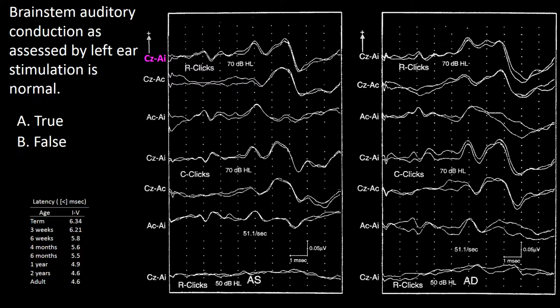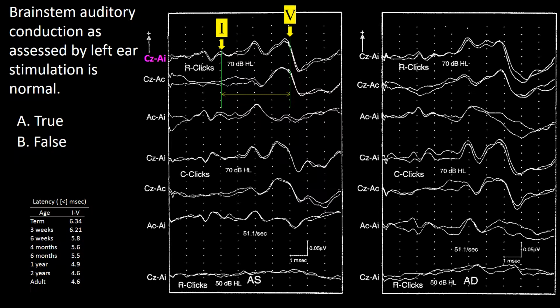In this frame, I have reintroduced the original question that probably by now you have forgotten. And also, I have included the normal values for the 1 to 5 interpeak interval.